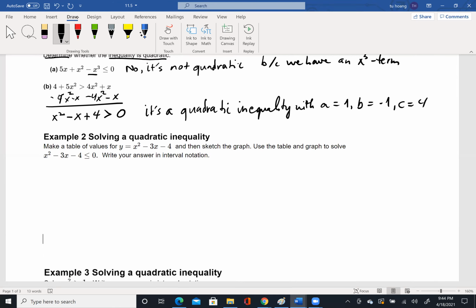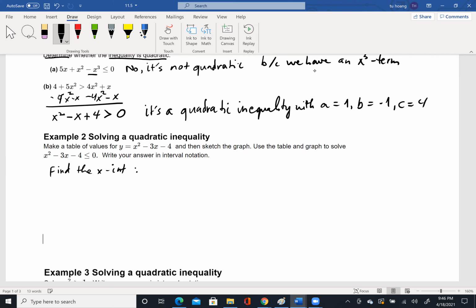But before doing that, since we're trying to make a table of values for y equals x squared minus 3x minus 4, I would like to find the x-intercepts.